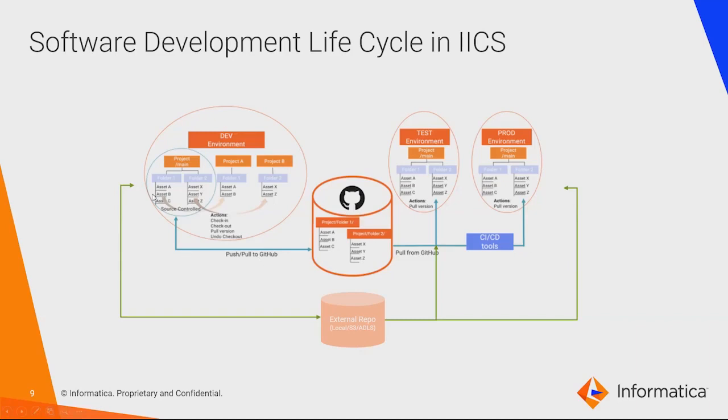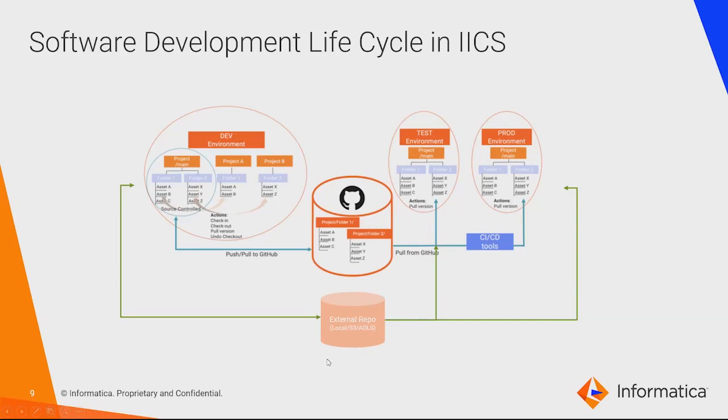Whereas we are going to discuss the second option, which is pushing the code from the dev environment to an external repository. This external repository can be any local file system or S3 or ADLS or Kafka topic or whatever. Then from there, we can push this into the higher environment, which can be test or production.